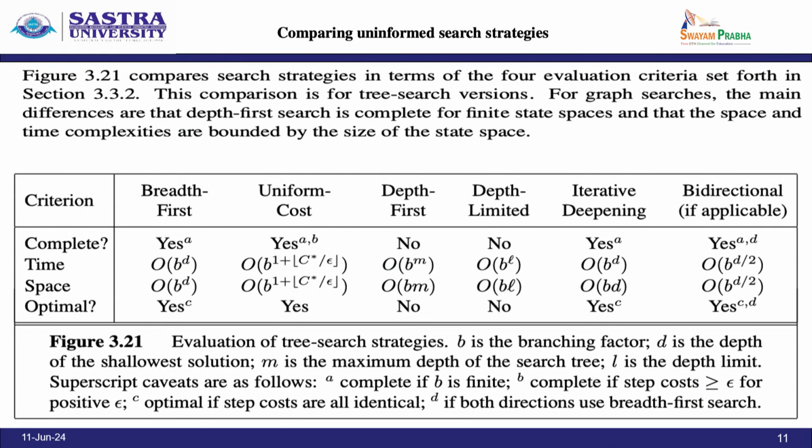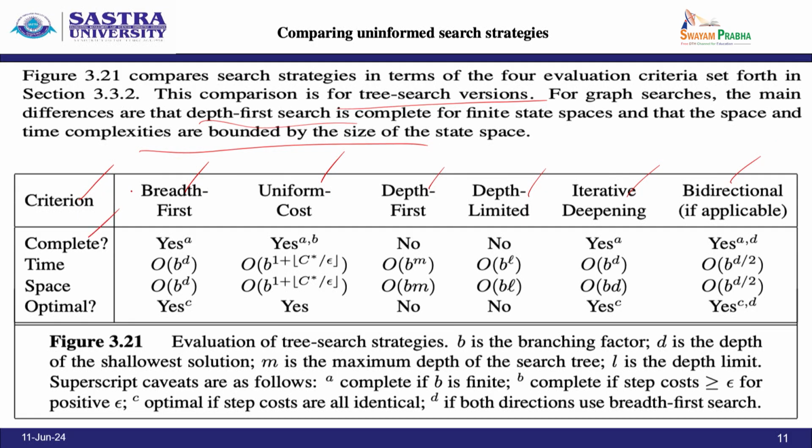Figure 3.21 compares the search strategies in terms of the 4 evaluation criteria set forth in the section. For the comparison, tree search versions versus graph search, the main difference is that depth first search is complete for finite state spaces, and the space and time complexity are bounded by the size of the state space. The comparison covers breadth first, uniform cost, depth first, depth limited, iterative deepening, and bidirectional if applicable.